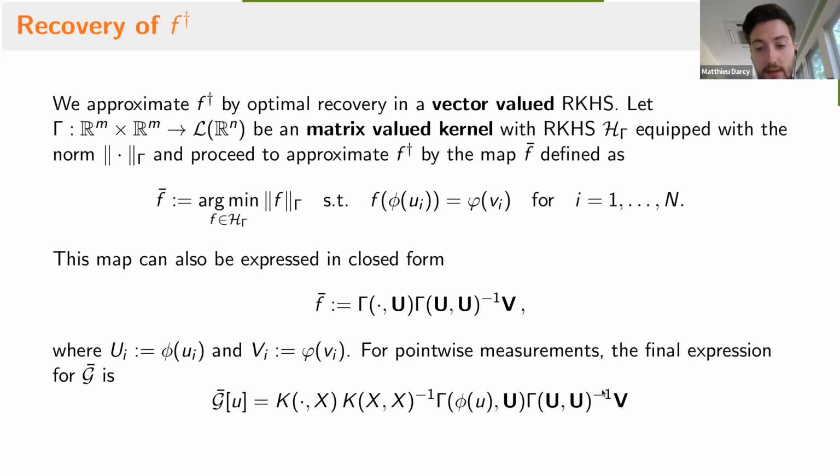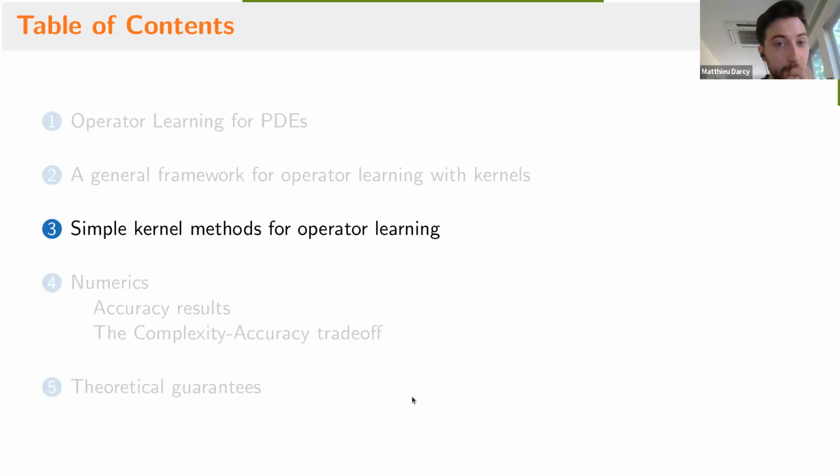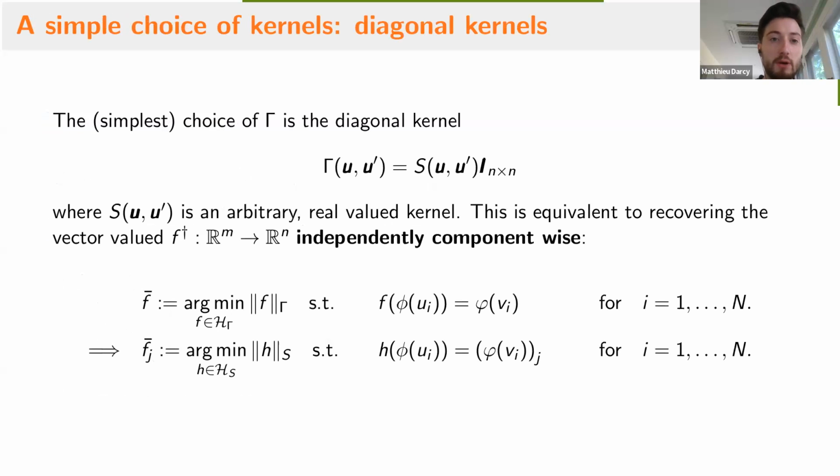Okay, so this is a very general framework, and in practice, there are many matrix valued kernels to choose from. In fact, there's essentially a limitless possibility, and it's not clear which one one should choose.